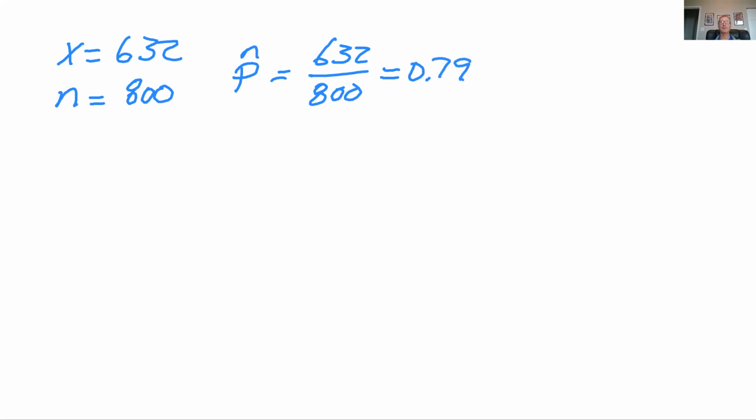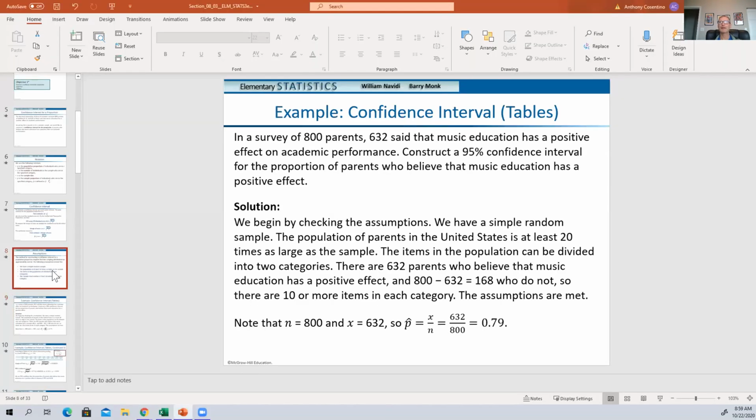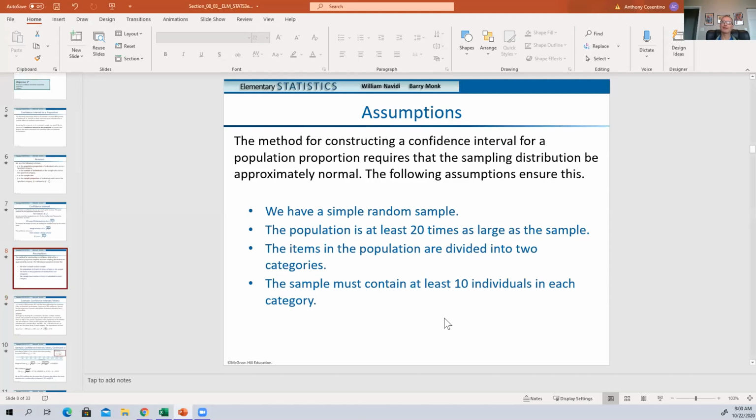Before we continue, I've missed one slide, but I could easily go back to it. There's a criteria that has to be met, just like with any of these. The criteria must be followed so we can use this theorem. First of all, the sample has to be random. They use the words simple random, but it just has to be random. And the population is at least 20 times as large as the sample.